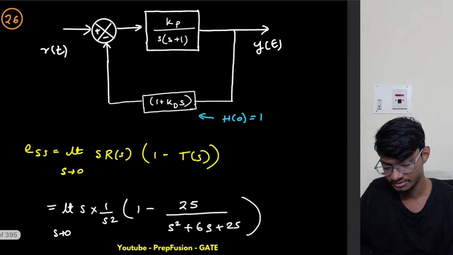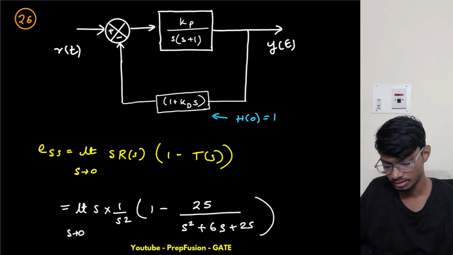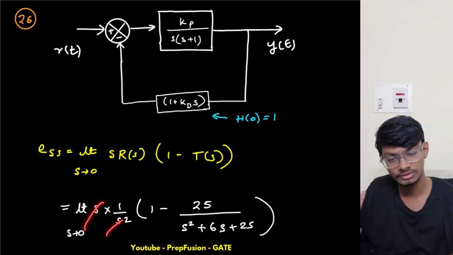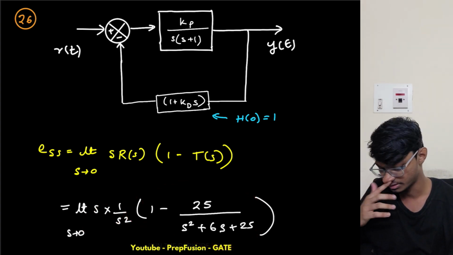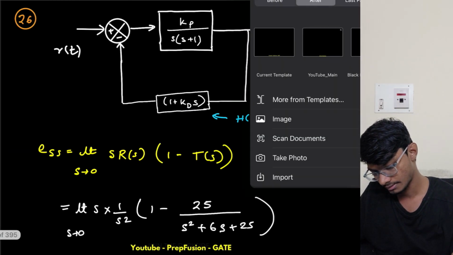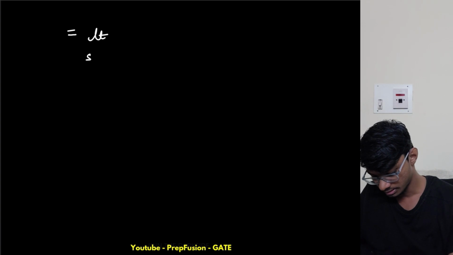Now what is happening after simplifying? Now we can simply put 0 over here, okay. First we need to simplify, because this s will get cancelled, but there will still be one s remaining here. So let me first simplify this inner function. What is this? This is limit as s tending to 0.